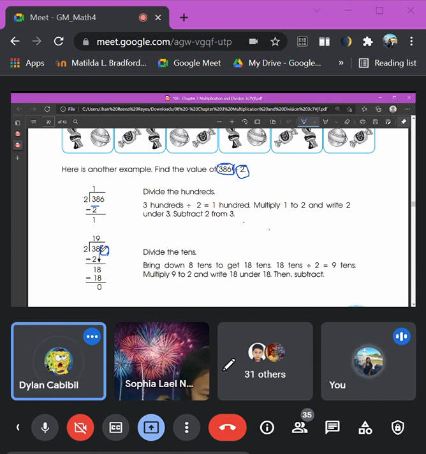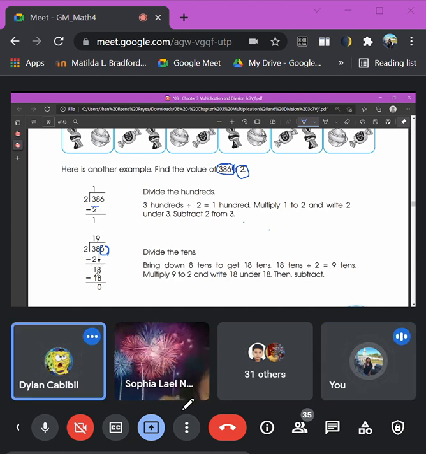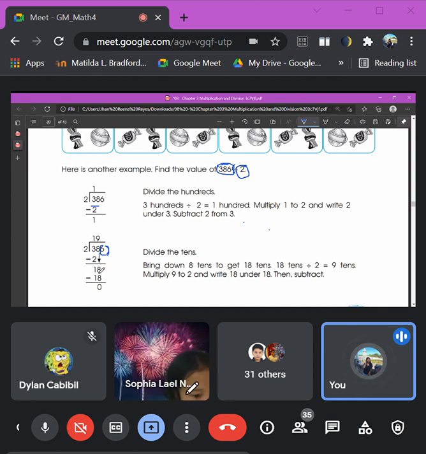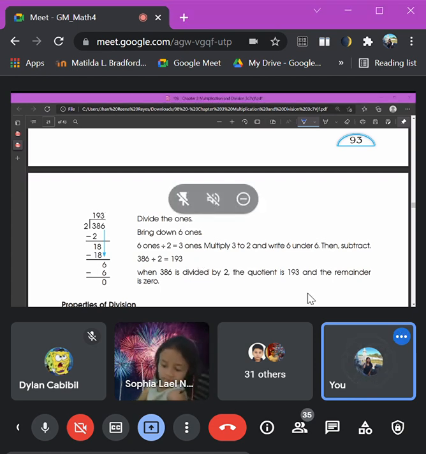So now, 9 times 2, that is 18. If we subtract, that is equivalent to 0. Now, the next place value that we bring down is the ones place, which is 6. We divide that by the divisor. 6 divided by 2, that is 3.